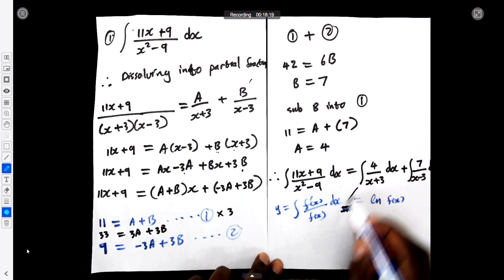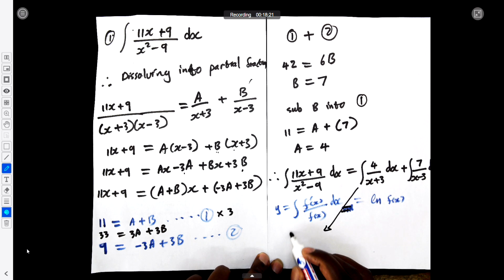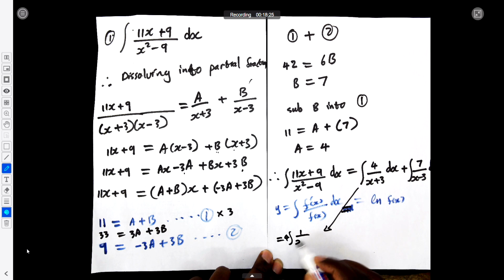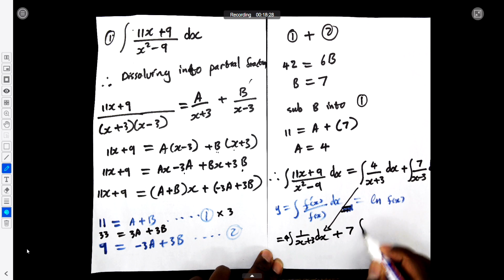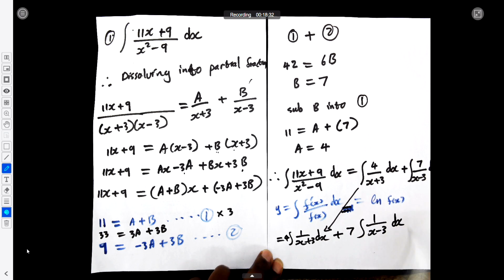So I want you to see that in the numerator you have your derivative. The derivative of x plus 3 is 1, and you can factor out a constant.